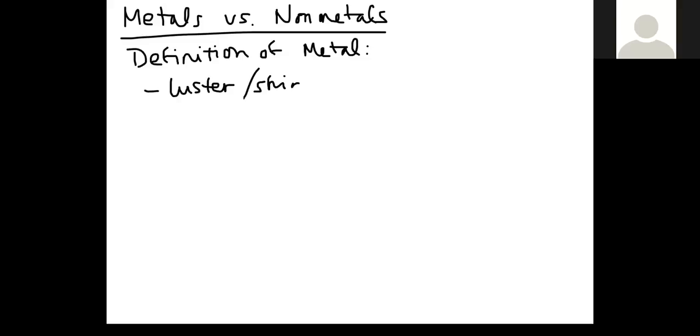So, if something is shiny, it's probably metallic in terms of the element, just the element. That's why we like our metals. Palladium, gold, silver. We like those things. They shine. They have luster. What's another characteristic of metals?